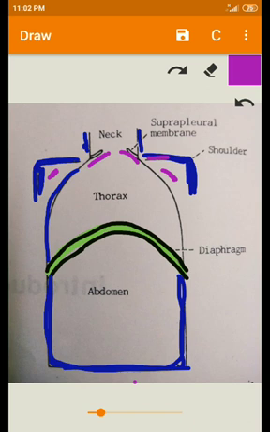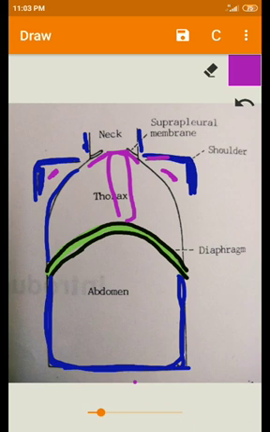Here the chest wall of the child is highly elastic, and the fractures of the ribs are very rare in infants because the chest wall is highly elastic.